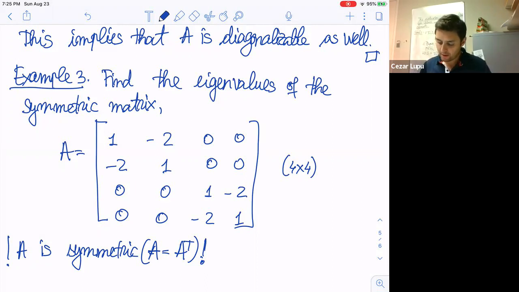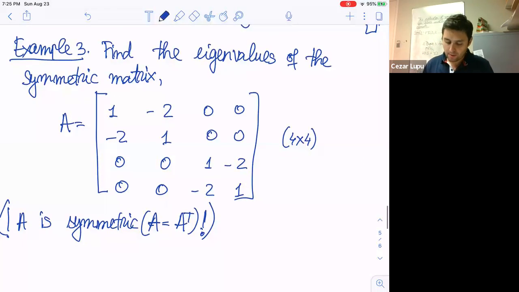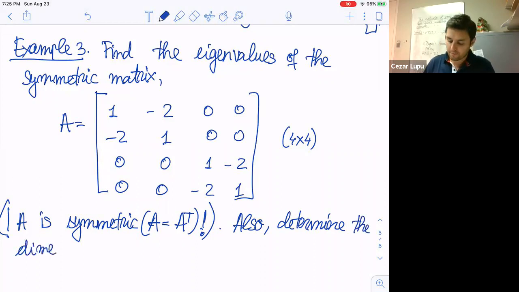Now we want to find the eigenvalues of this, and not just that, also determine the dimensions of the corresponding eigenspaces.